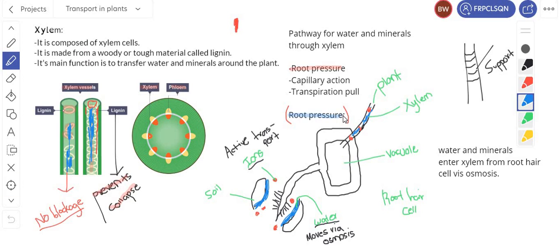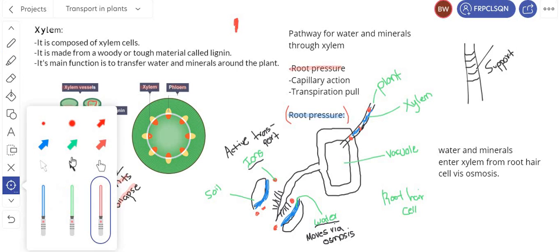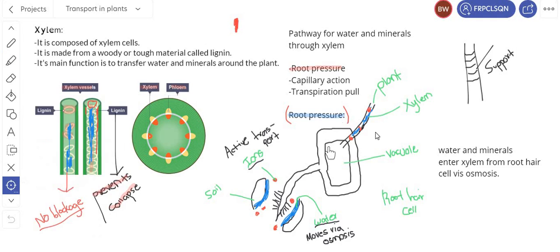What is root pressure? So this here is a picture, and let me run you through what each individual part is. This whole thing here is your root hair cell, okay? This here is your soil, it's labeled as well, and the blue film of moisture is your water.